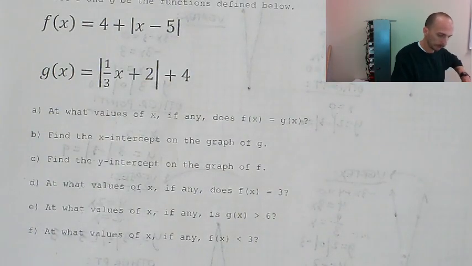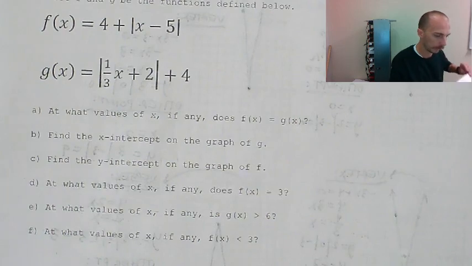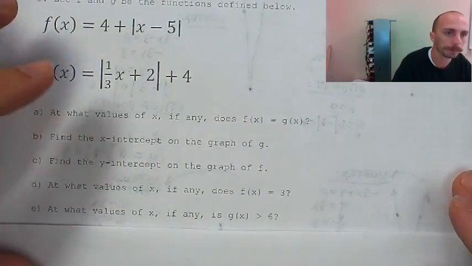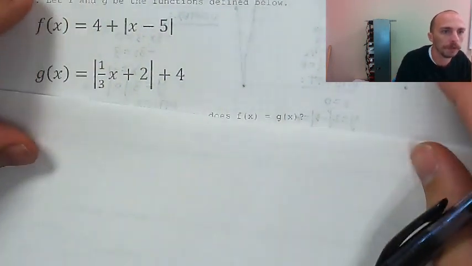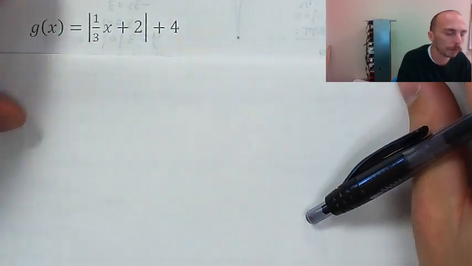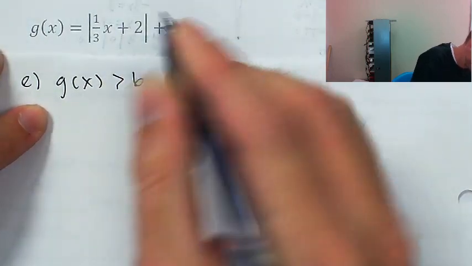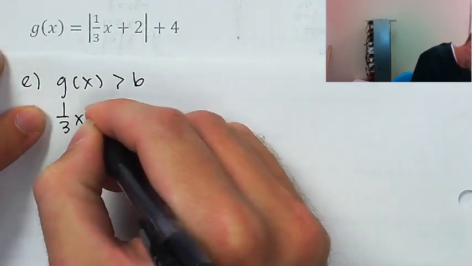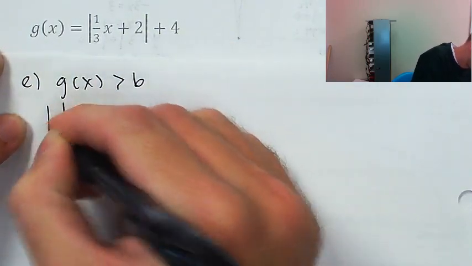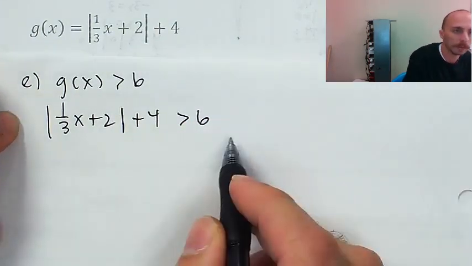Then E, when is g of x greater than 6? All right, g greater than 6. So 1/3 x plus 2, plus 4, greater than 6. So we're going to isolate the absolute value.